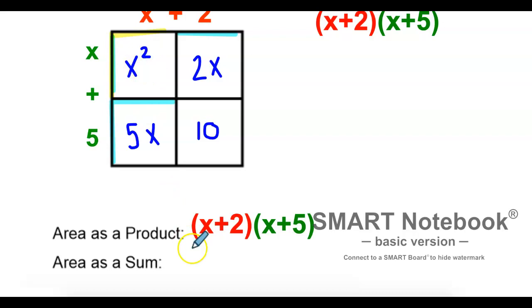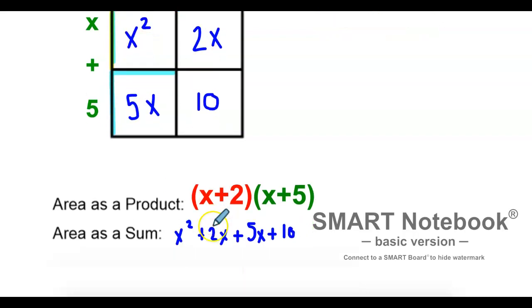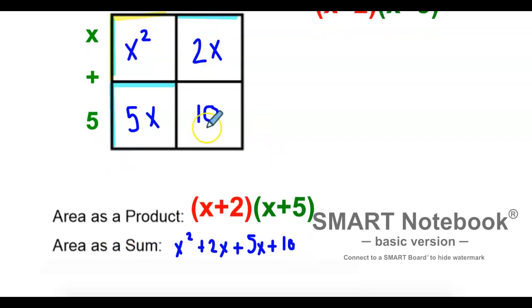So this is going to turn into x squared plus 2x plus 5x plus 10. So all we did in this first step is we took all of the blue numbers inside of our generic rectangle and we added them all together to find the area of the whole thing.